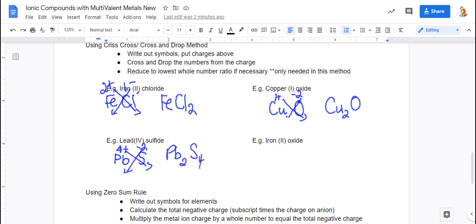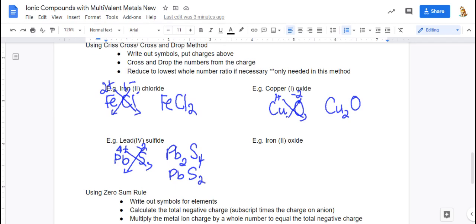I'm rewriting it so that you can see what I'm doing. But if you can reduce this right away to the next step, go right ahead. So 2 and 4 can be reduced because they can both be divided by 2. So this would be Pb1S2. So lead has a subscript of 1, but of course we don't need to write our 1s.